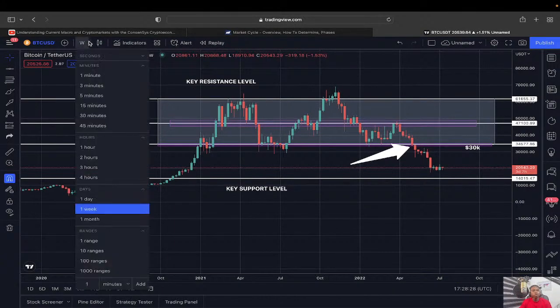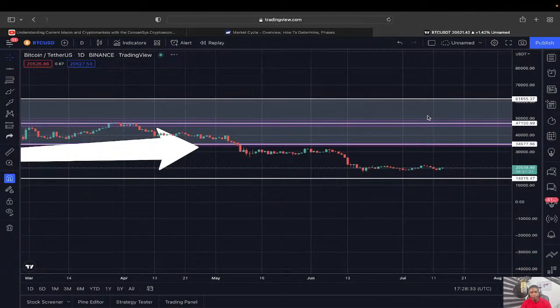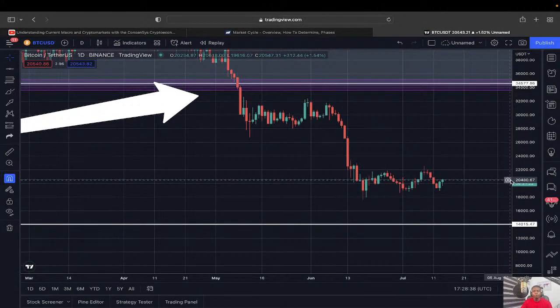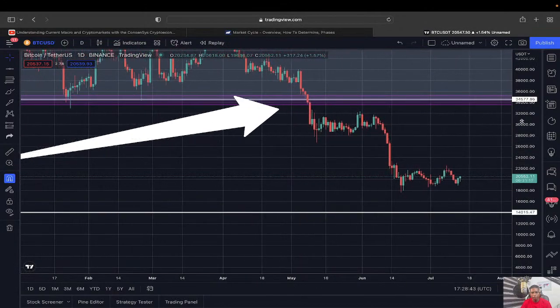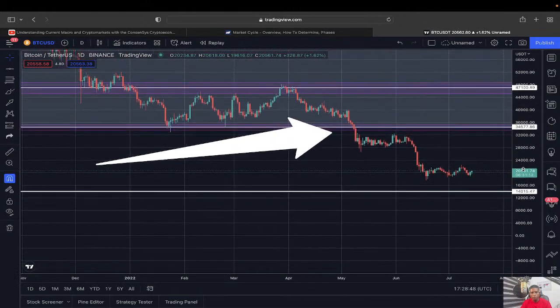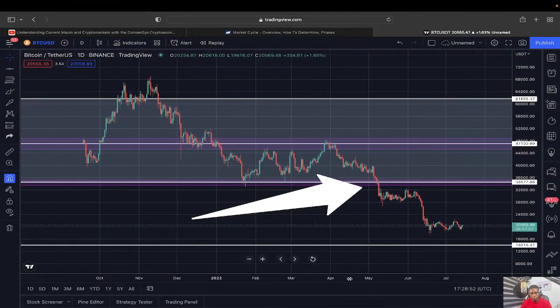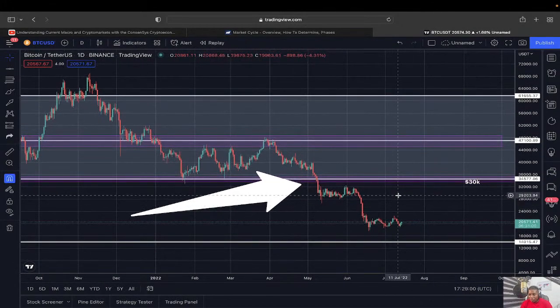Okay, let's go to the lower time frame. See if some market opportunities are showing up here. Good. So you look closely. This is the daily time frame.